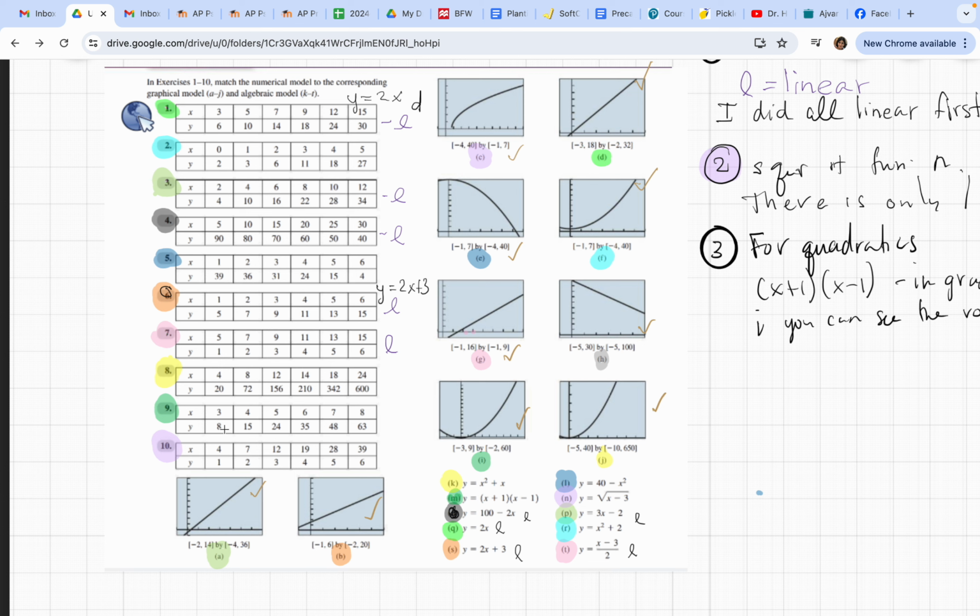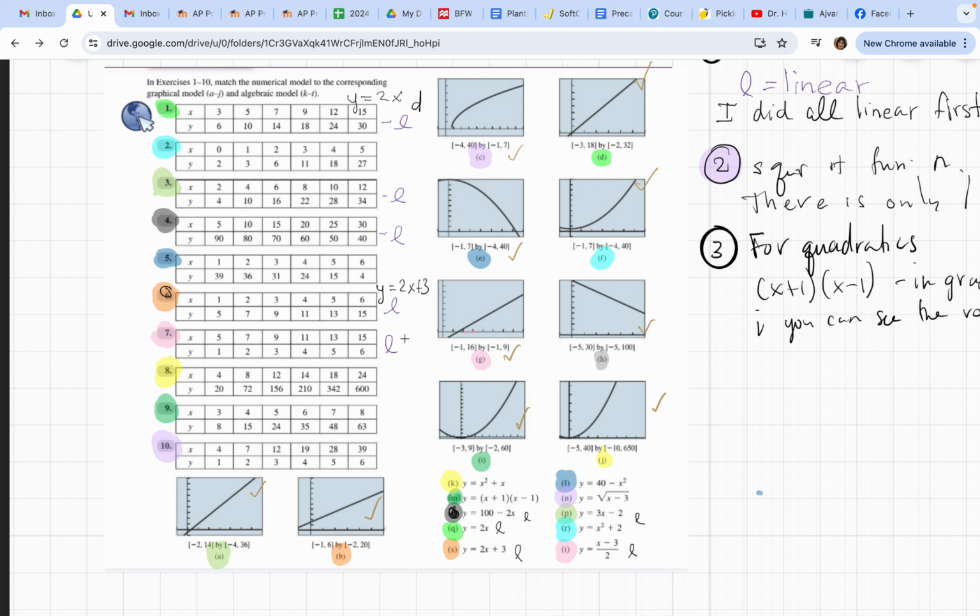If I put in 3, I don't get out 8. If I put in 4, 4 minus 3 is 1, the square root of 1 is 1, that's not 20. And then I look, oh, 4 minus 3 is 1, the square root of 1 is 1, that works. Let's check. 7 minus 3 is 4, the square root of 4 is 2. So I see that the only one here that looks like a square root is this one, and the table that it matches is here.